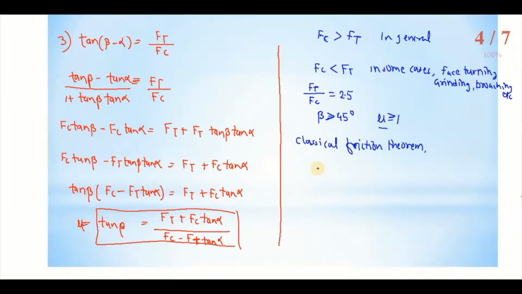According to this theorem, the relation is mu equal to ln(1/r) upon (pi/2 minus alpha), where r is the chip thickness ratio and alpha is the back rake angle.